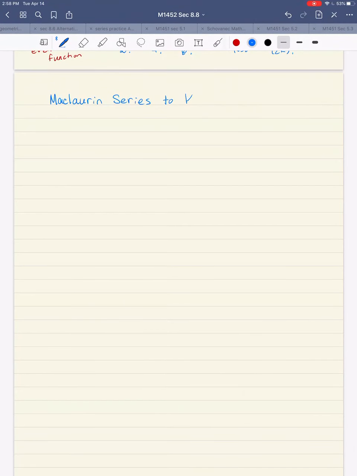the inverse tangent, the geometric series. These are in your text on page 660, and so it's good for you to know the Maclaurin series for the sine of x, for the cosine of x, for e to the x, for the geometric series, for the inverse tangent.